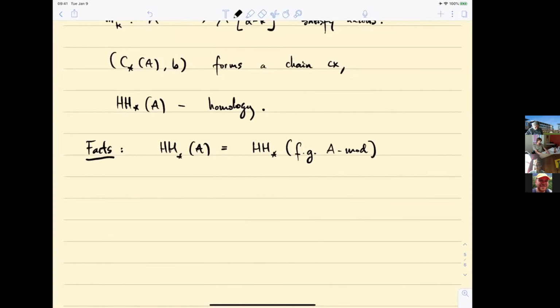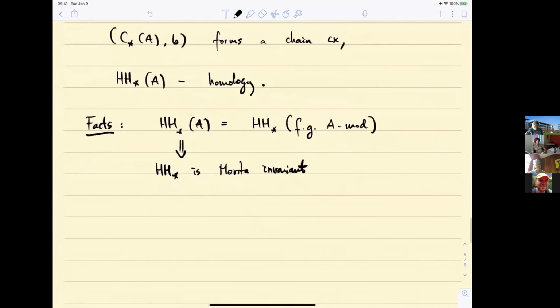And it turns out that Hochschild homology does not distinguish between those two. So in particular, this also implies that Hochschild homology is Morita invariant. In other words, if I have two rings which are Morita equivalent, I get the same Hochschild homology. All right. This is a very nice property of Hochschild homology.